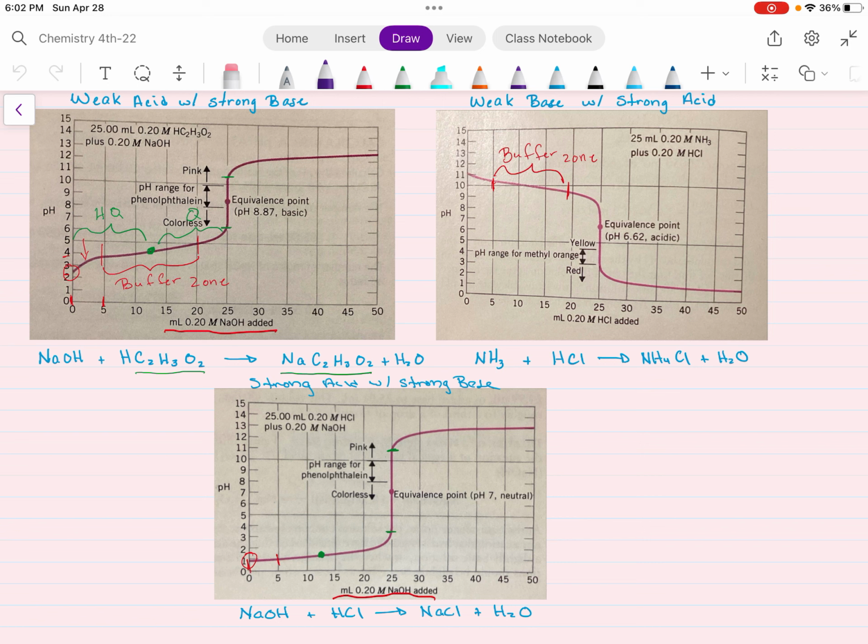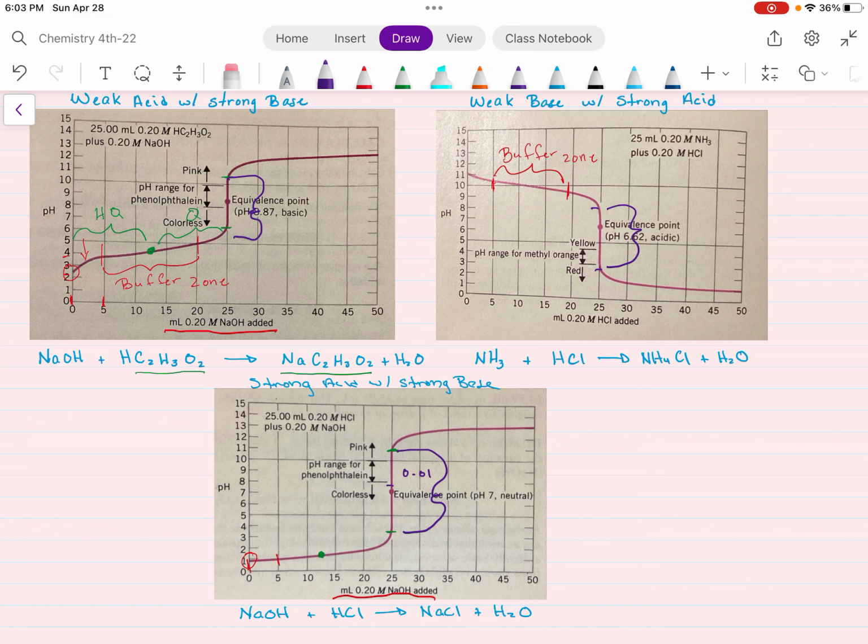But remember that if you're within this zone that we outlined earlier, it does not take a whole lot for the acid or the base to make the pH jump or decline. You remember from here to here, it was a difference of 0.01 mLs that was added to achieve that huge jump.